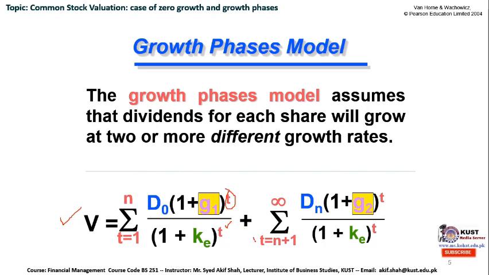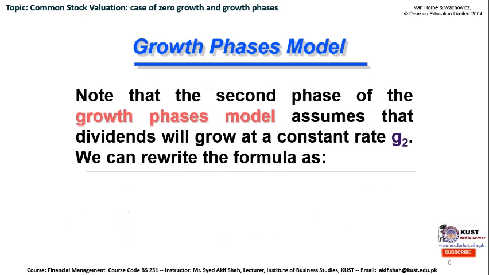And then from time t up to infinity, the common stock will grow at a different growth rate, which is G2. For more detail and understanding, let's take an example in the subsequent slides.